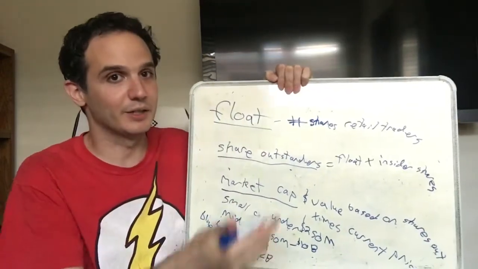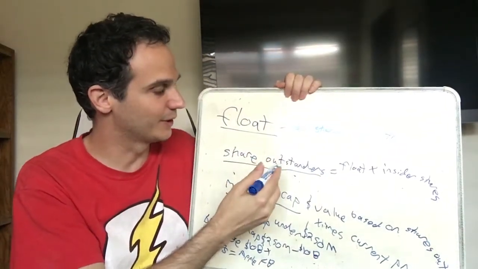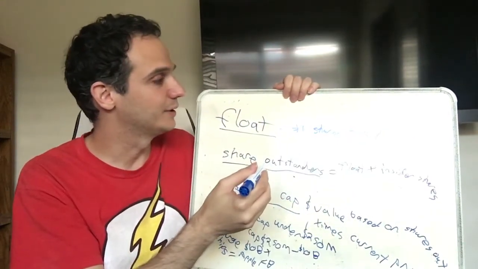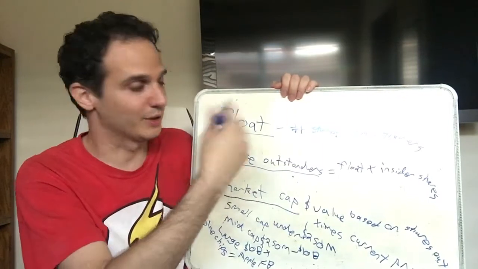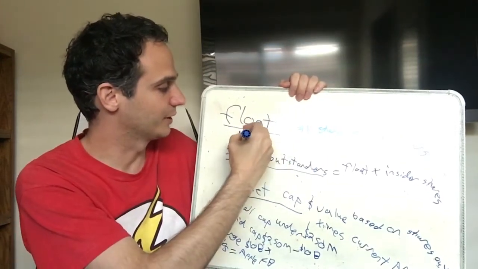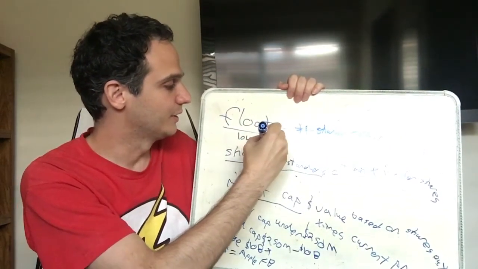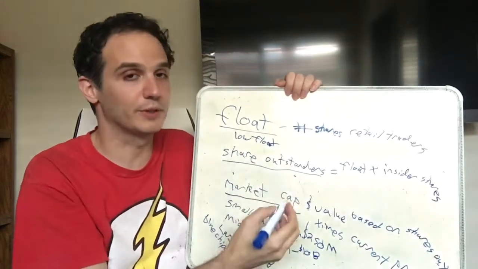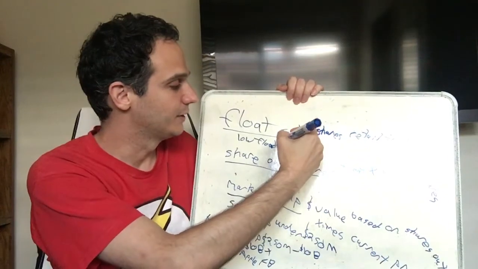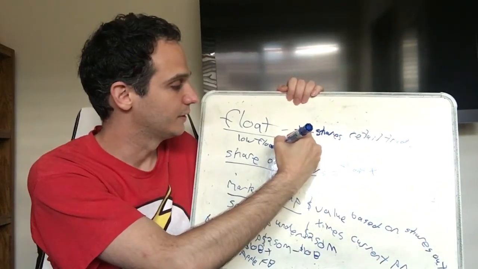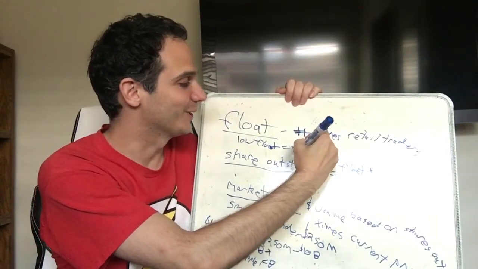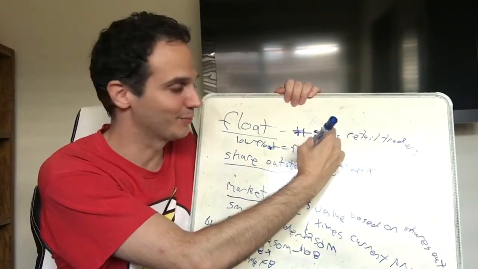And now regarding the float, what's considered a small float, or a stock with a low float, so I'll just write here low float. The low float equals float under 10 million.